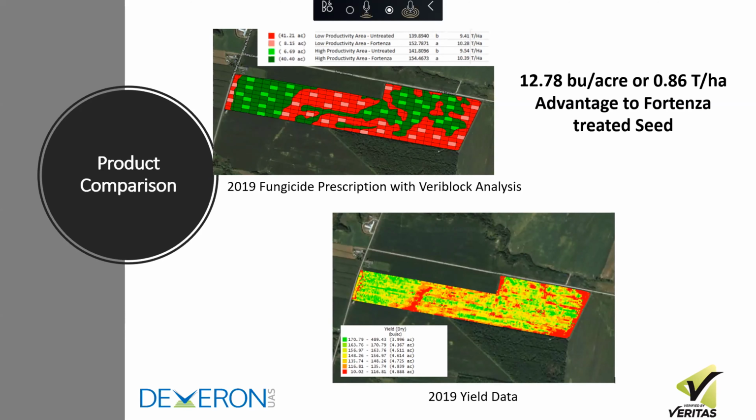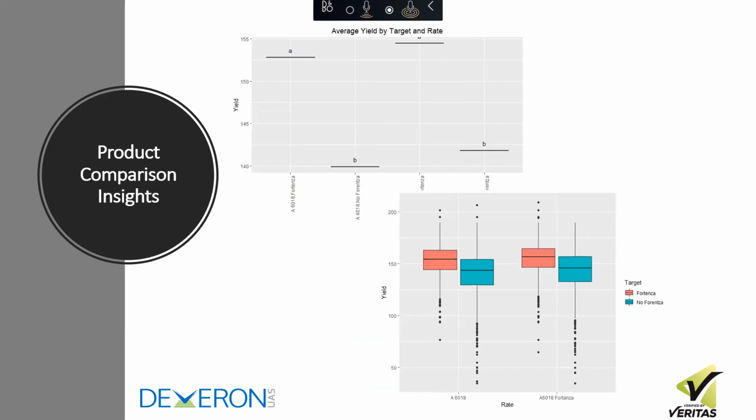Good answer. So this is just another example of the deeper insights that we can provide looking at comparison of the treatment. You'll see that statistically significant advantage to the treated area. So those are the higher lines that you can see in the top graph that had the positive impact. And then also the bottom graph, it's a box plot.